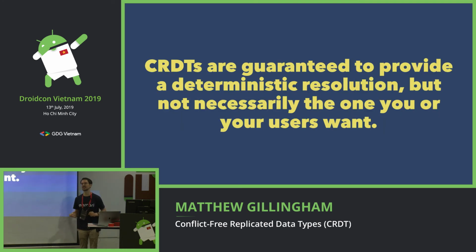And the second thing to realize is that while conflict-free replicated data types are guaranteed to provide a deterministic resolution, it might not be the one that you want. If we think about what if we just replace git merge, which everybody hates dealing with, with a conflict-free replicated data type?